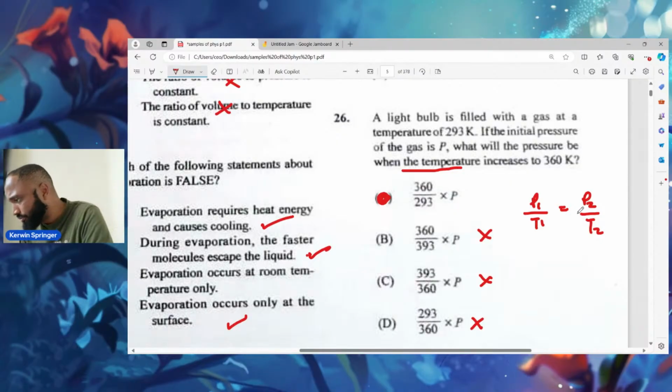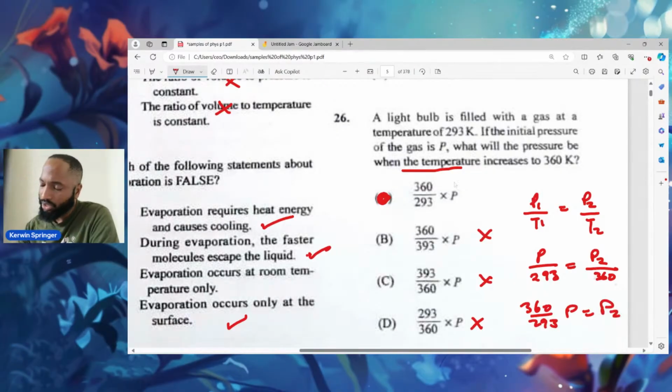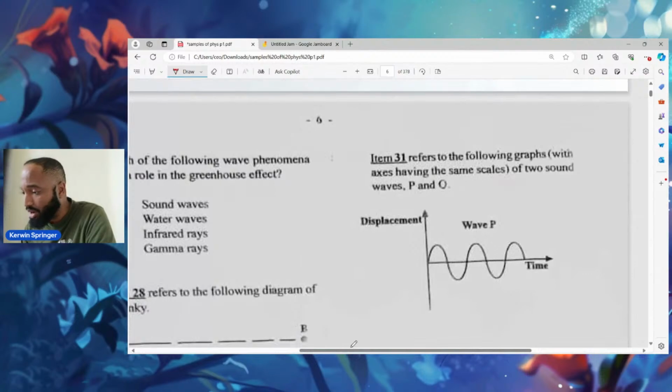You're basically trying to find P2 given that the initial pressure is P. So T1 is 293, and T2 is 360. So you'll end up with 360 over 293 times P is equal to P2, which is A. All right. I don't know why I waste time doing all of that.